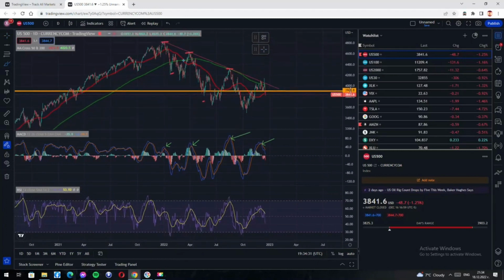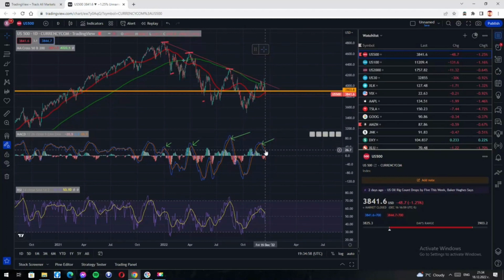Everyone knows we are in a bear market, lower highs, lower lows ever since this all-time high here in January. This trend line is the ultimate trend line which is stopping the bulls from getting back to the all-time high. Every single time we've touched this trend line from below, we have been rejected and we've made lower lows.